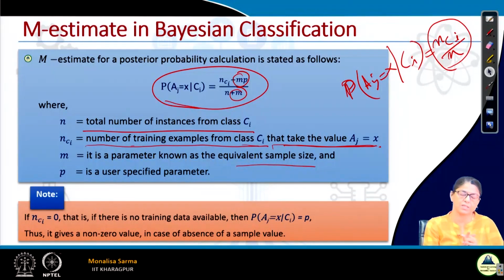The user can take any value as such, but one of the heuristics for taking M is this: suppose my total sample size is 20, and suppose I have 4 classes in this sample.